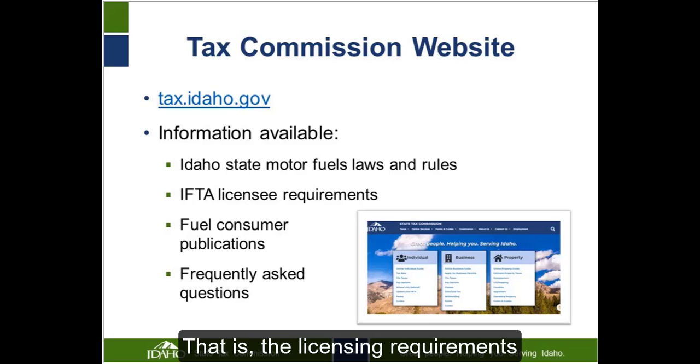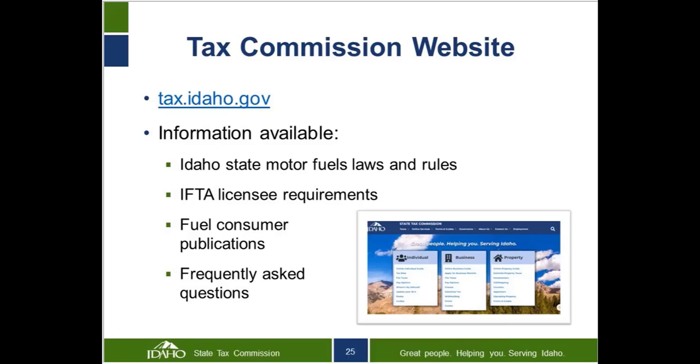The IFTA licensing requirements are there. There's fuel consumer publications. There's frequently asked questions, and we just recently redid our website, so that is an excellent source if you have any questions. You can certainly go on there and hopefully find your answer.